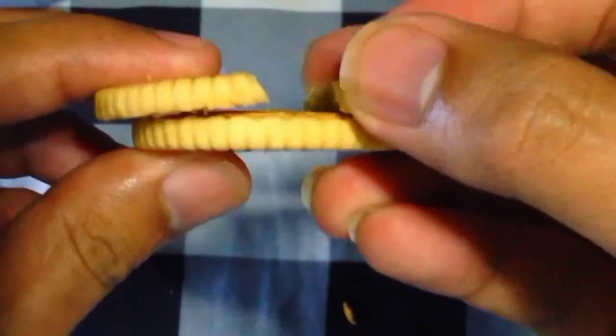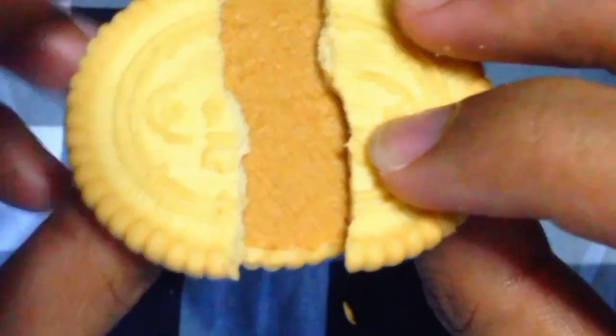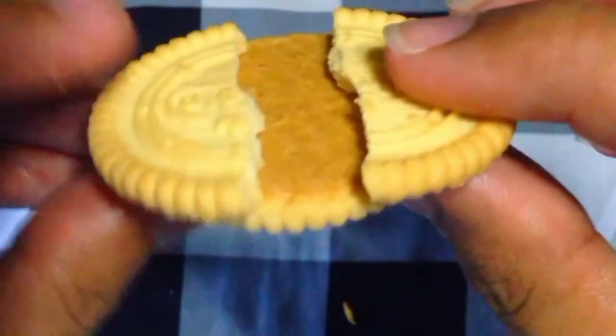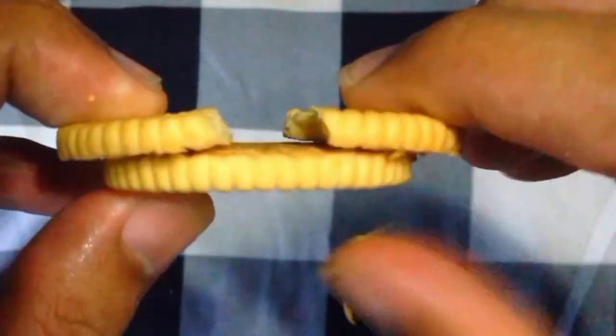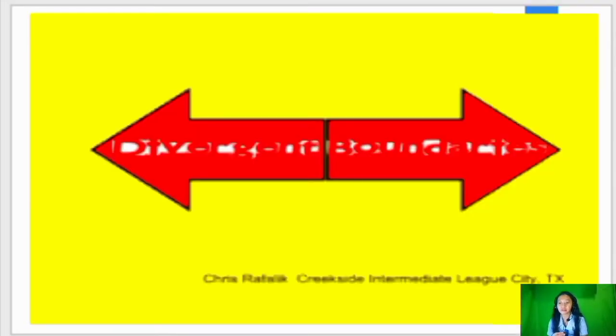This represents the magma or molten materials piling up at the center, which is a continuous process forming rift valleys and mid-ocean ridges. Okay, so we already finished cookie activity number 2 for the divergent boundary.